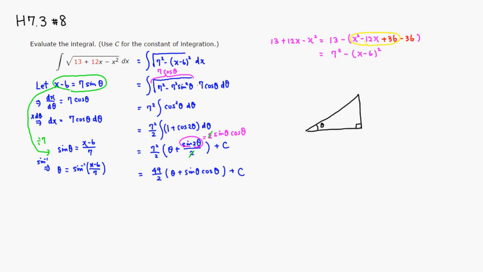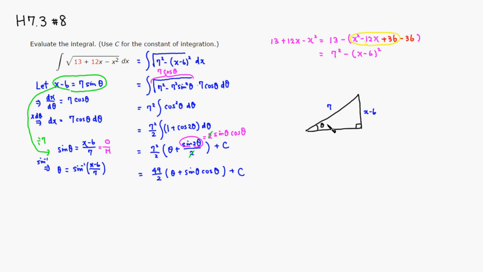Sine is adjacent over hypotenuse, or actually, not adjacent, sorry, I messed that up. Sine is actually opposite over hypotenuse. So we can take the opposite to be x minus 6, and the hypotenuse to be 7.